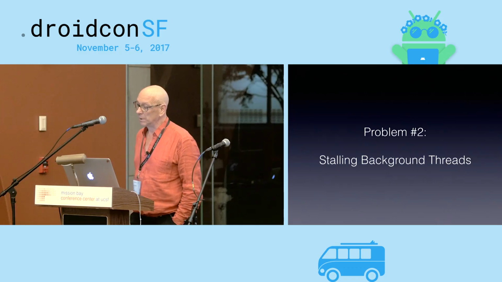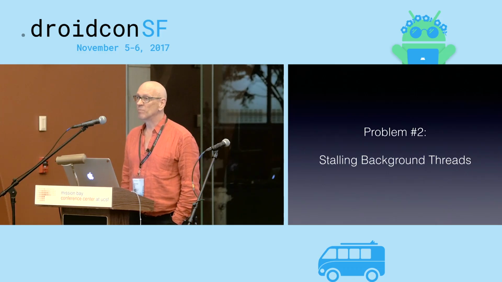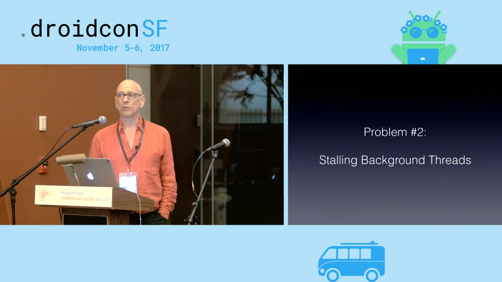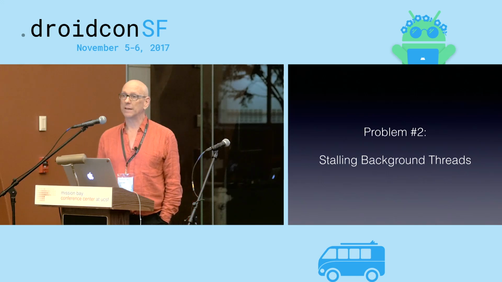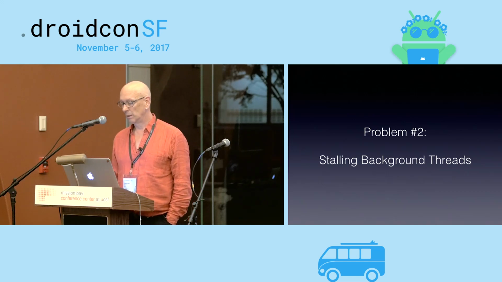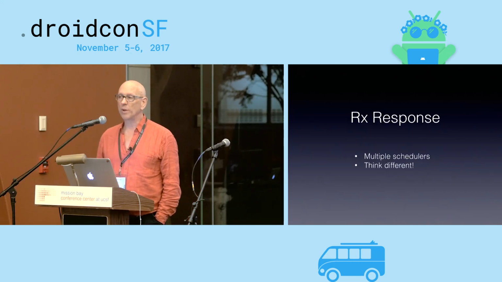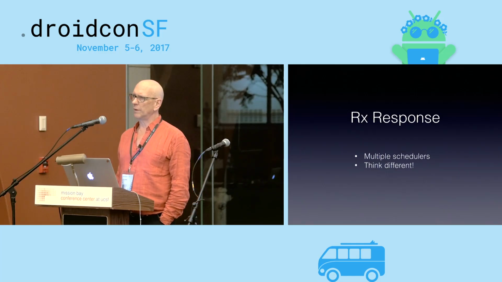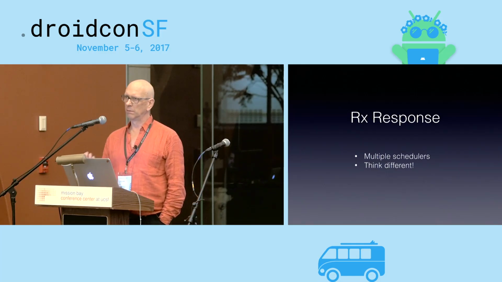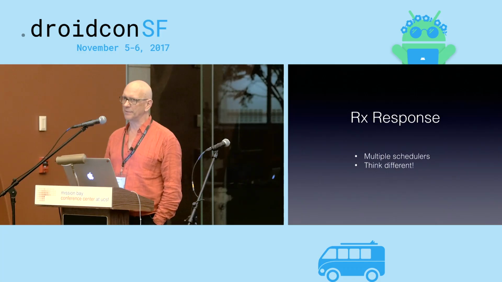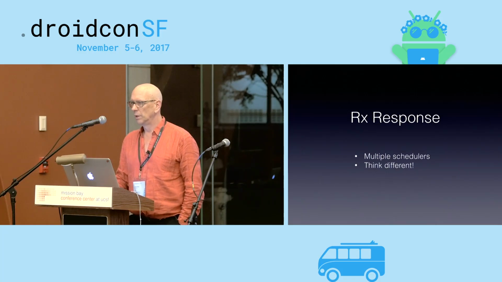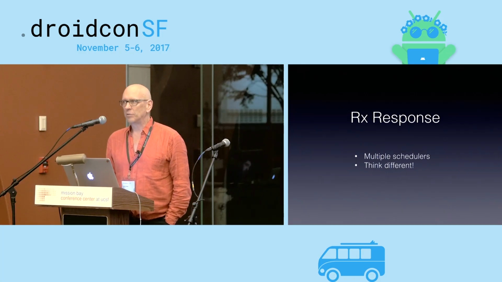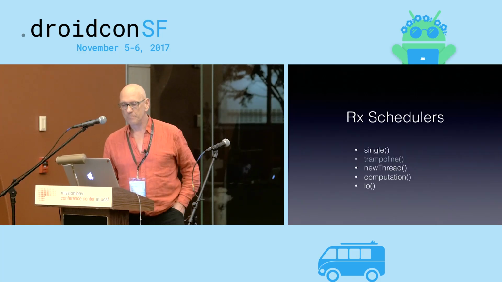The second problem is stalling that background thread, stalling the executor. How does Rx handle that? Well, there are two possibilities here. The first one is the straight ahead solution, and then I'm just going to suggest something else. So Rx has multiple schedulers.